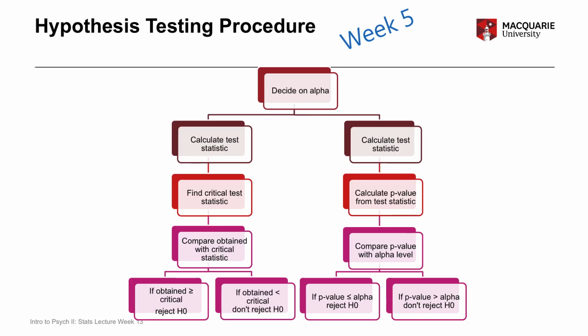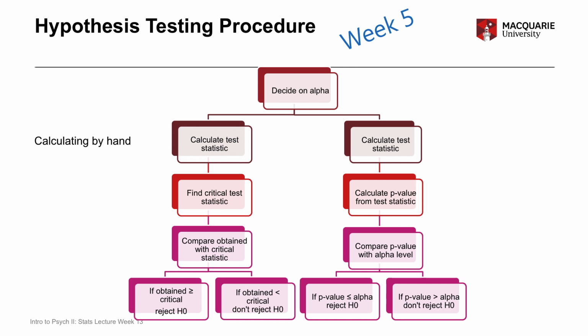In terms of actually engaging in this hypothesis testing process, there's two different ways that we've talked about and actually practiced ourselves to get our statistical tests and to get the answer of whether we've supported or not supported our hypotheses. The one on the left-hand side is when we calculate our test statistics by hand.